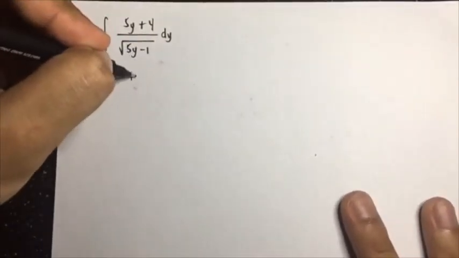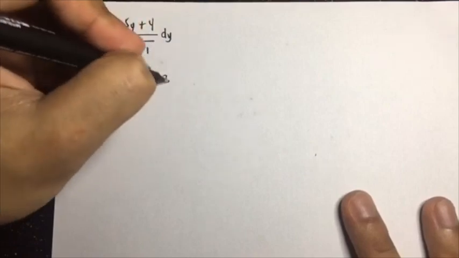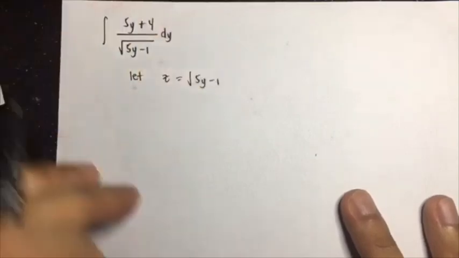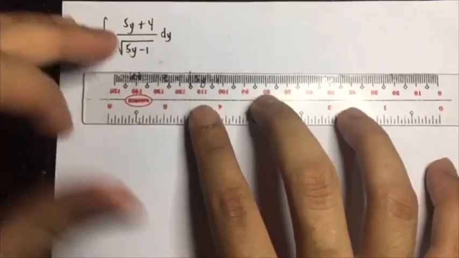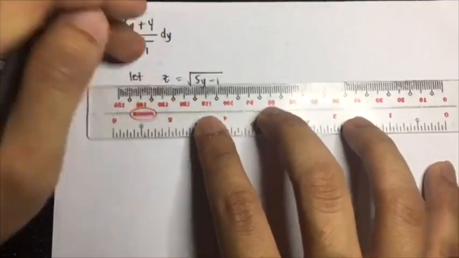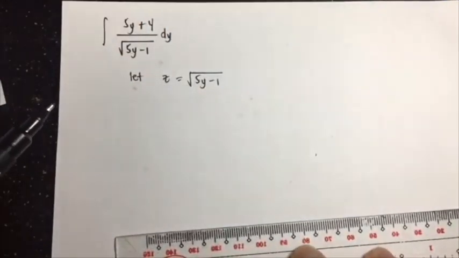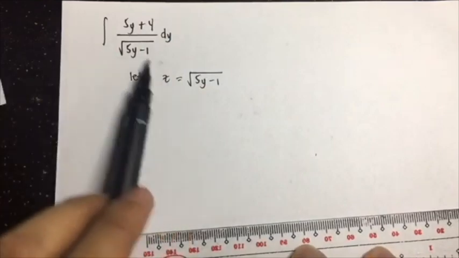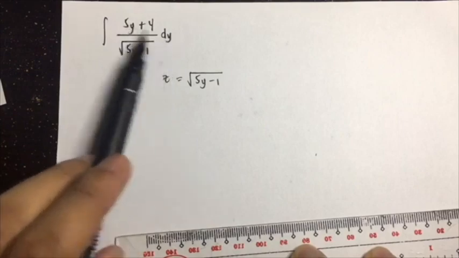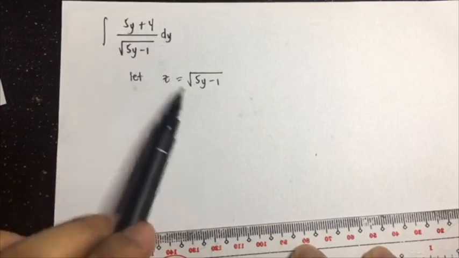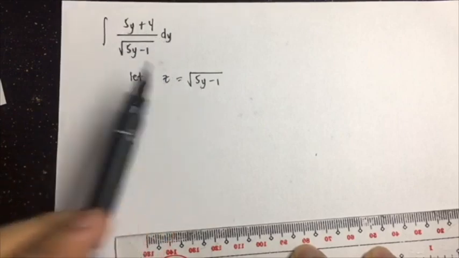So if we let, say for example, z as the square root of 5y minus 1, then the y here and the dy here will also be replaced in terms of z. So we need to express y in terms of z.